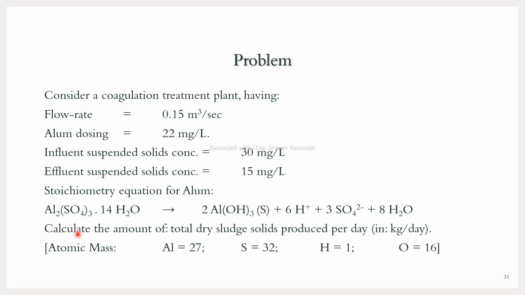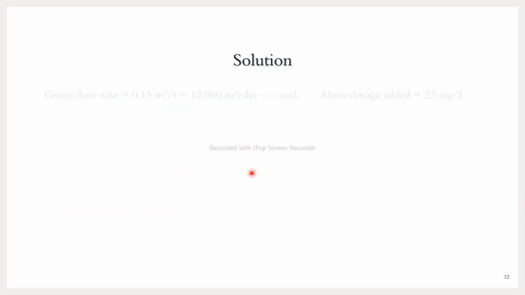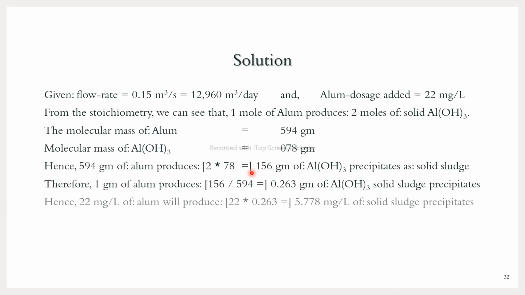But here they are telling you to calculate the amount of total dry sludge solid, so also the aluminum hydroxide precipitate and also the solid that was removed. How can we calculate? This is the incoming, this is the outgoing, so the rest is precipitated. So 30 minus 15 equals 15 milligram per liter is the solids that was removed.